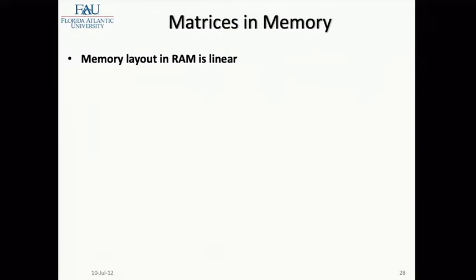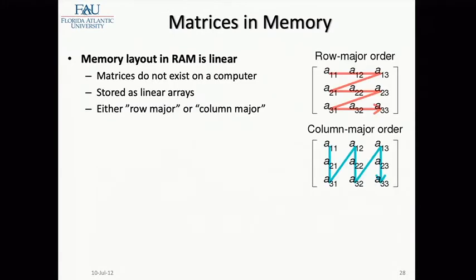Let me not belabor the point. Matrices do not exist on the computer. Everything is stored linearly. It's either row major order, as you see here, that would be how Python arranges its data, or column major order, that's how MATLAB arranges its data.